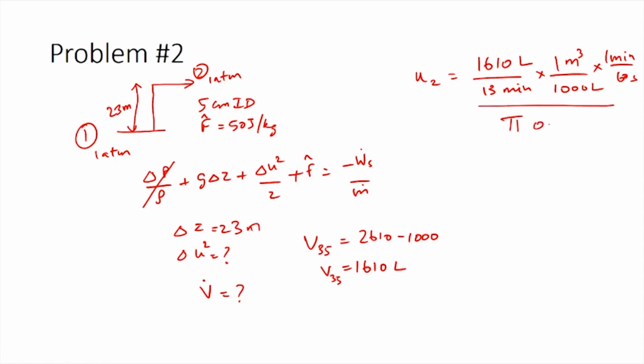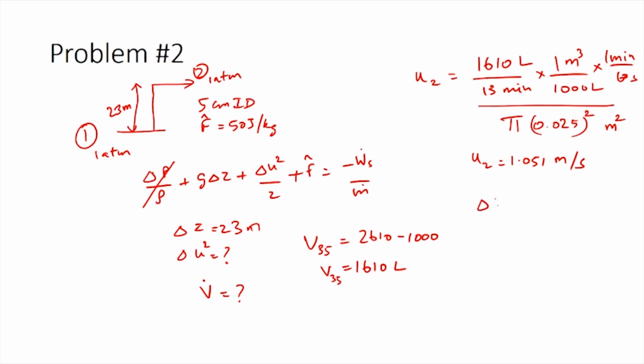R here would be 0.025 meters, because it is a 5 centimeter inner diameter. So, which would mean it is 2.5 centimeter radius, and converting that to meters, we would have 0.025 meters. So, from this we can calculate the velocity as 1.051 meters per second.